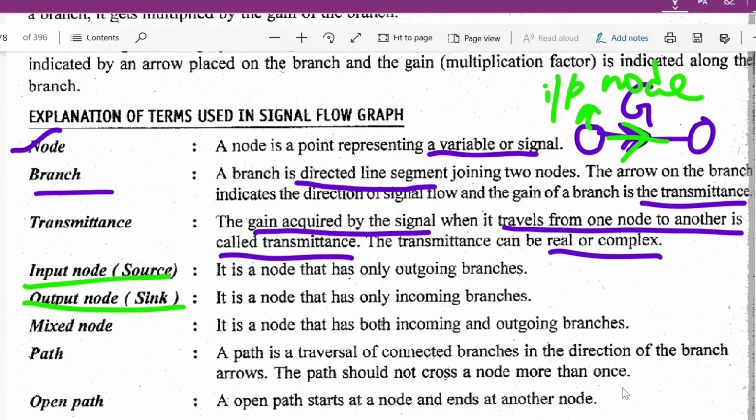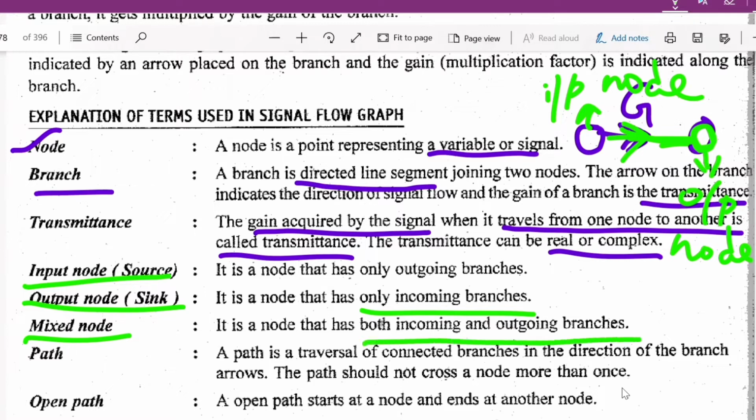A node that has only incoming branches is called an output node. See here in this example it has only the incoming branches. This node is an output node. Then that category is a mixed node. A node that has both incoming and outgoing branches is called a mixed node.